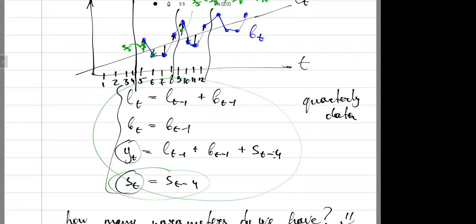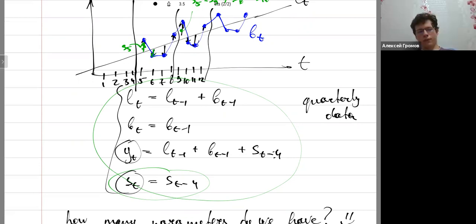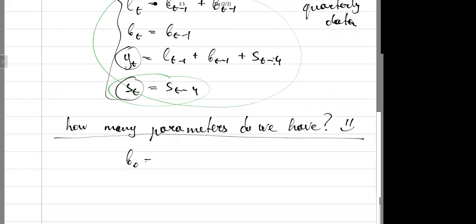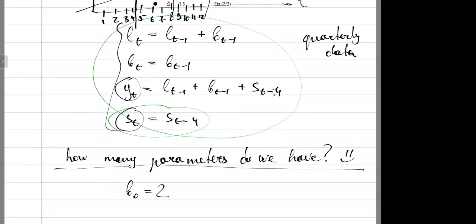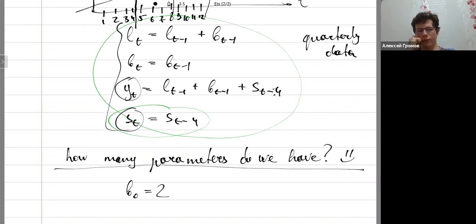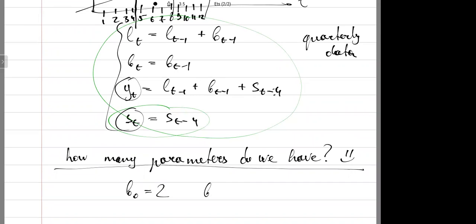When you have a difference equation or differential equation, you know that you need initial conditions. How many initial conditions do we have here? You need B0. Okay, if I say that B0 is 2, how many more initial conditions do you need? L0. If I say L0 is, let's say, 100, is it enough to completely calculate the future values?